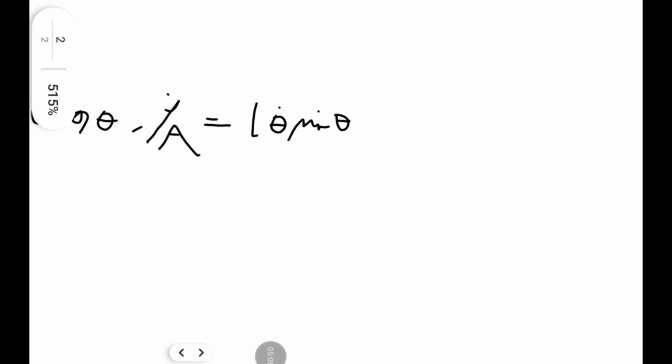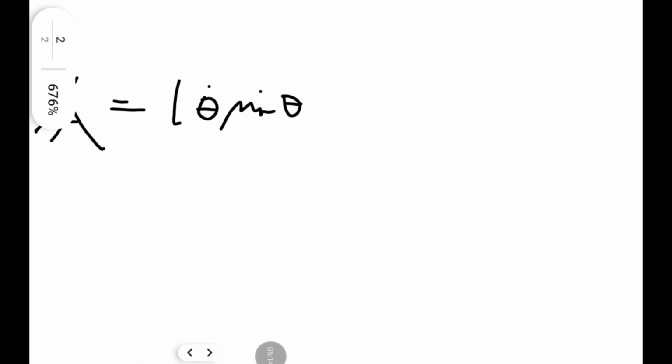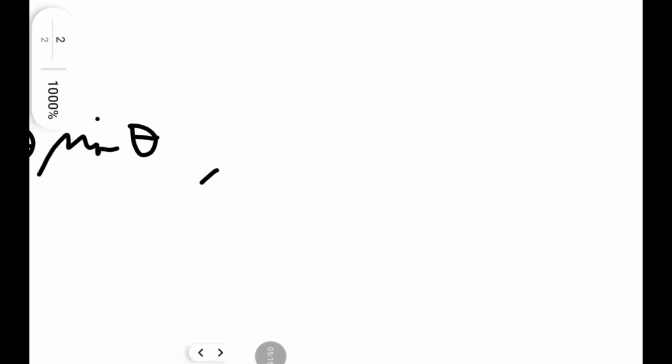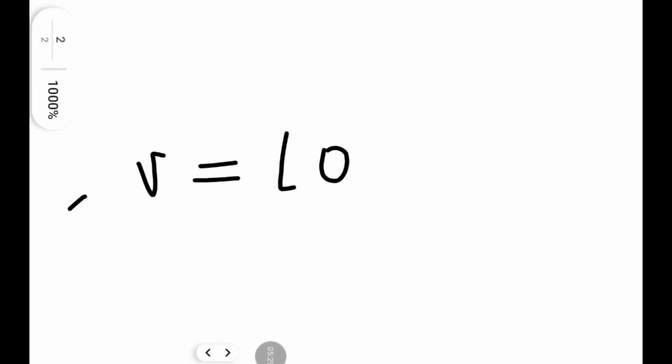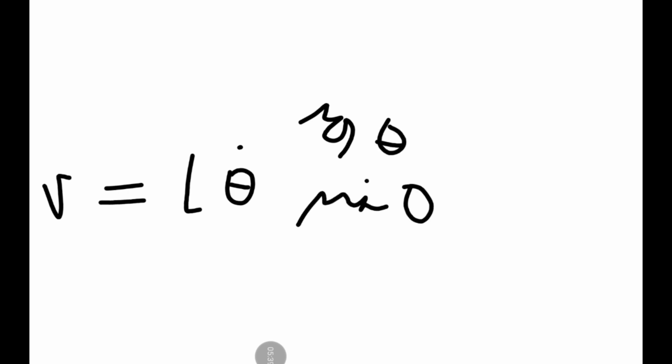Now, to make this simple, let's write it as a vector. It can be nicer to write these things as a vector. As you can see, there's L and theta dot in common. So you can write it as, in this formula here, we know velocity as a vector is equal to L theta dot, and then in the vector form, it's going to be cos of theta for the x direction, and then sine of theta for the y direction.